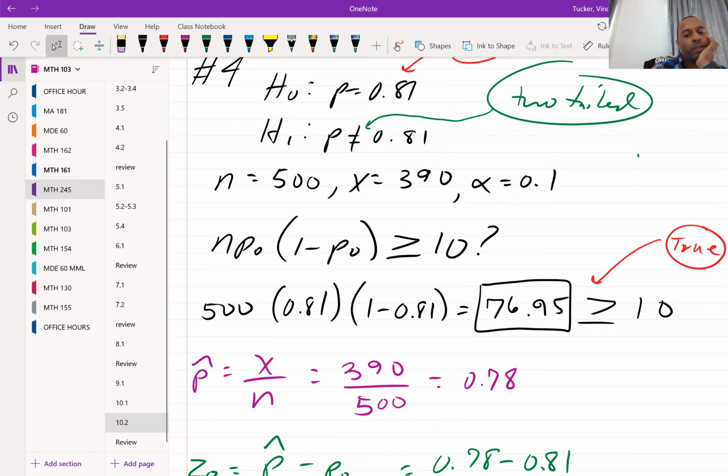So X over N gives us P hat: 390 over 500 gives me 0.78.